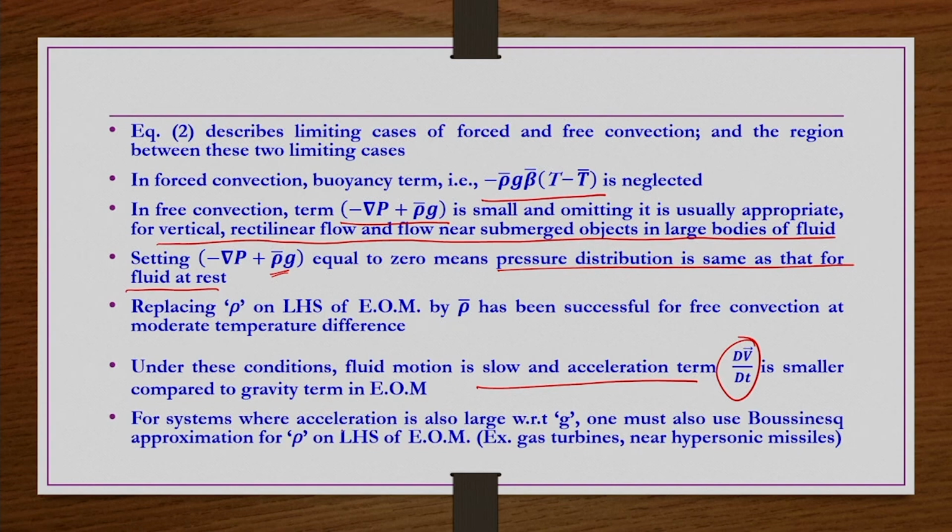For systems where acceleration is also large with respect to g, one must also use Boussinesq's approximation on the LHS of the equation of motion. Some examples are gas turbines, near hypersonic missiles, etc. But for most chemical engineering problems, we do not need to worry about applying the Boussinesq approximation in the left hand side density term of the equation of motion.